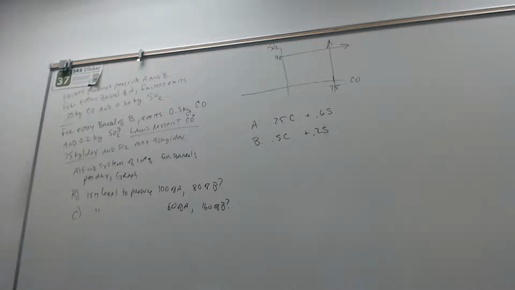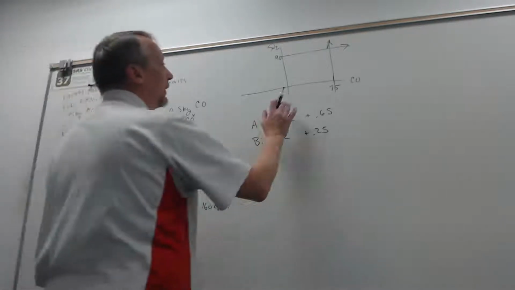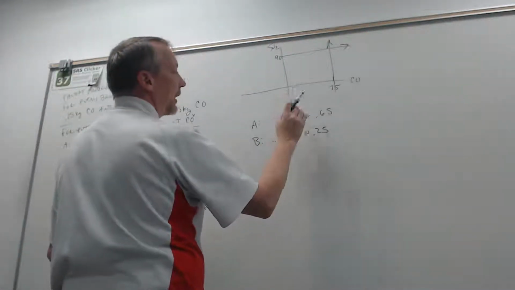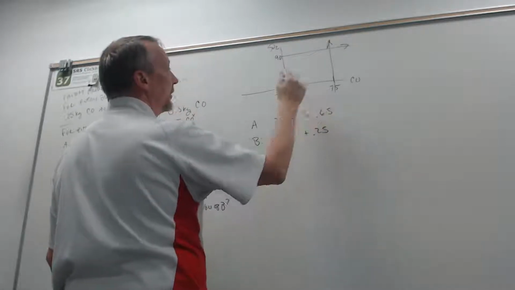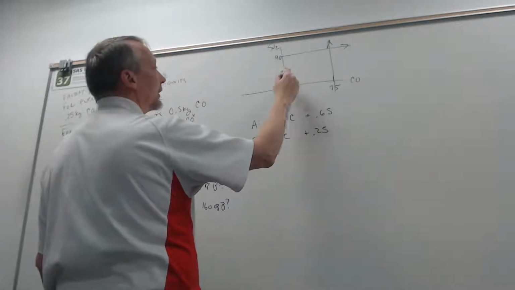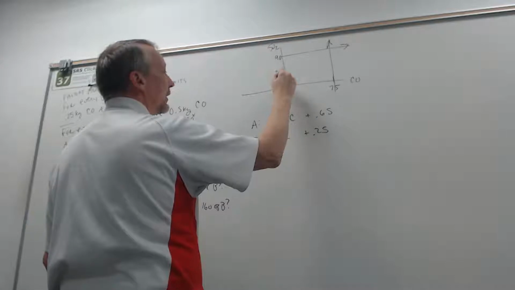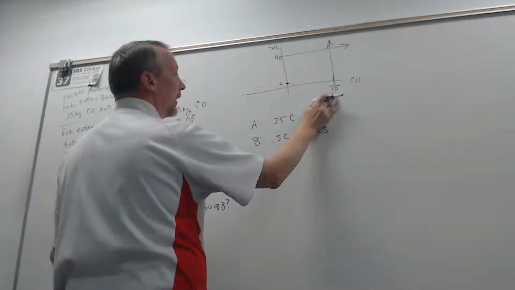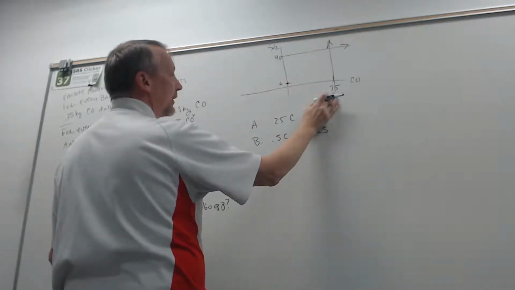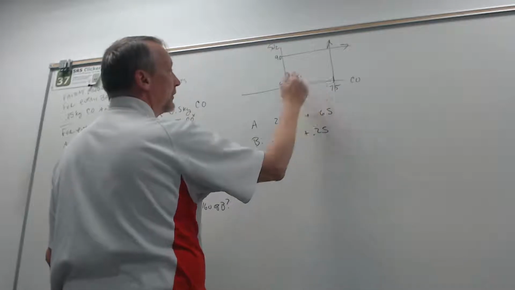So if the carbon dioxide is 0, this is 0.6, and if the sulfur dioxide is 0, this is 0.25.